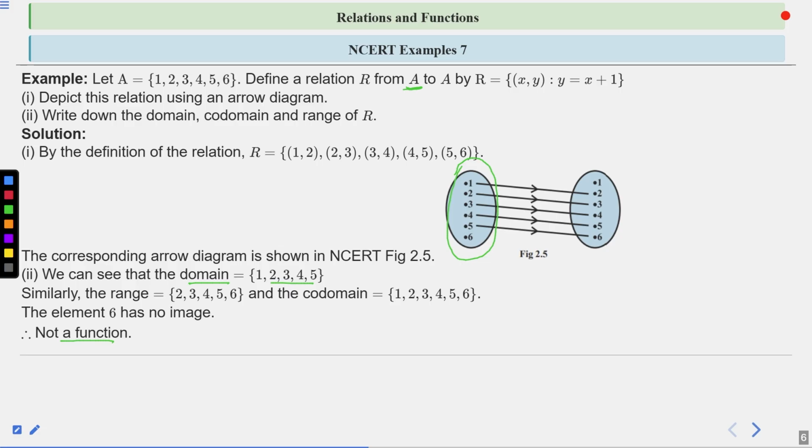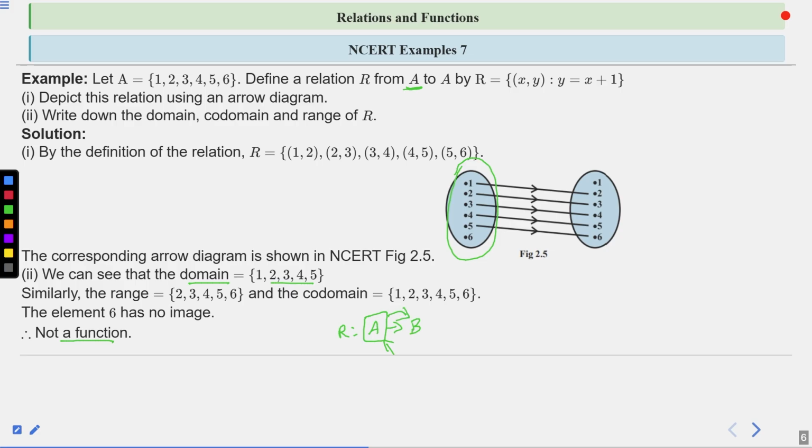Quite simple. Just see the definition. What we want is, if any relation is a function, then every element from the set A, if your relation is from A to B, then for every element in this set, there exists some element of B associated to it.